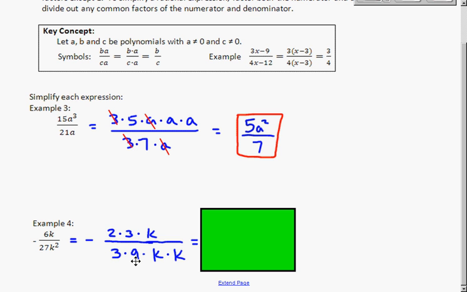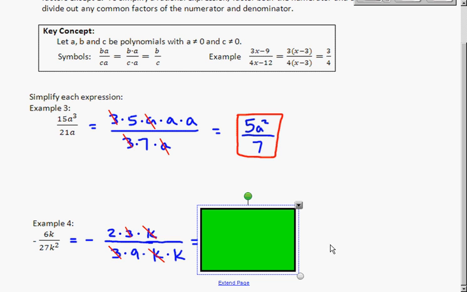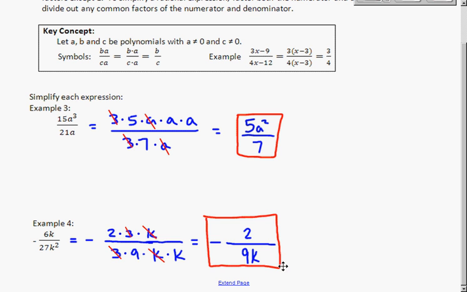Now I could break this down into 3 times 3, but what I'm going to have to do eventually again is multiply the 3 by 3 because both of those 3's would be left over. So what I would go ahead and do is get rid of what I can, get a 3 off the numerator, a 3 off the denominator, take out a k, and in your numerator you'd be left with 2, your denominator 9k. Again, don't forget the negative sign.